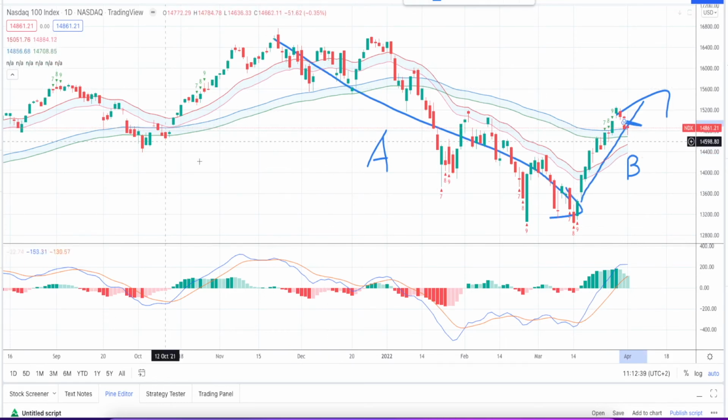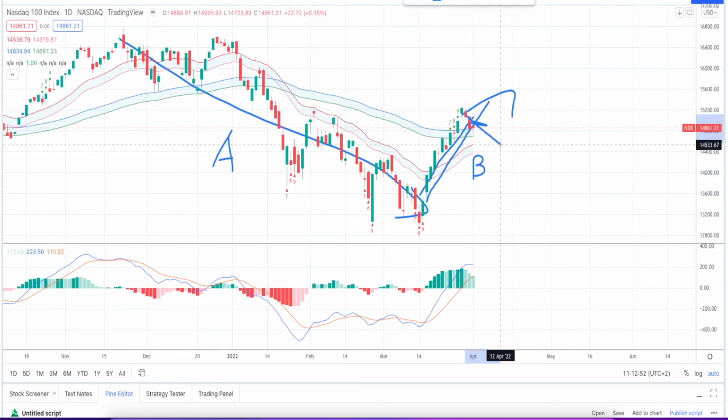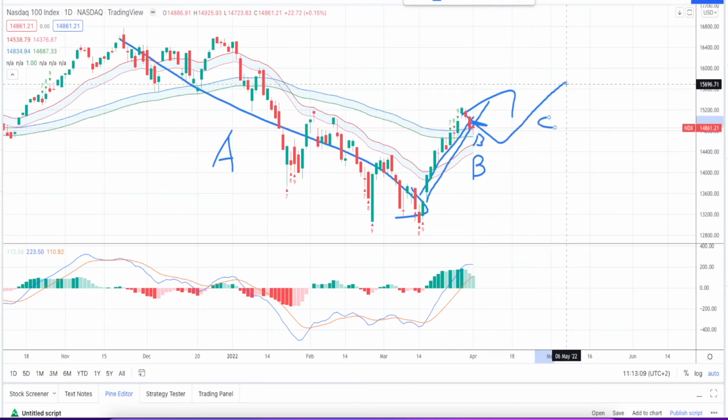Most likely the B hasn't finished, so we could be in a B, C rebound. Maybe we're just at a smaller correction of the B rebound, and then perhaps there will be another C stage of the rebound.